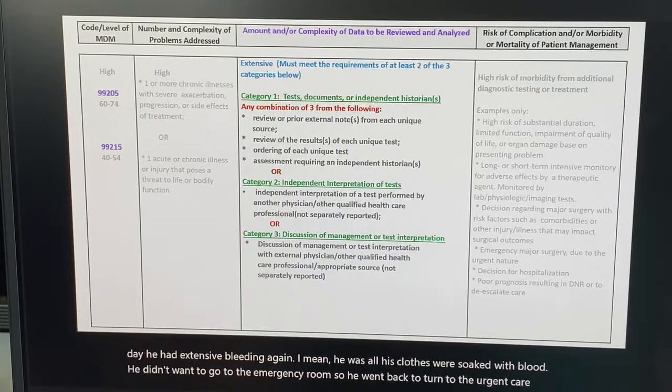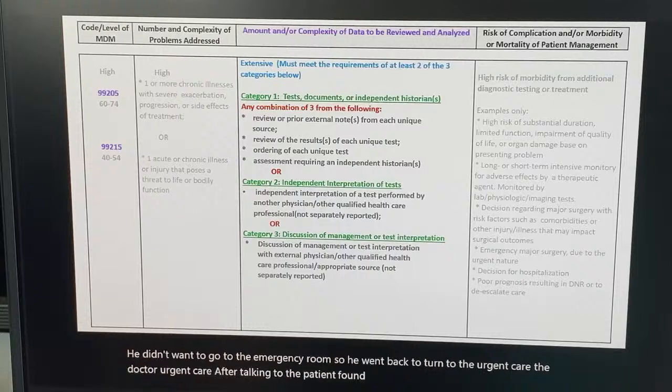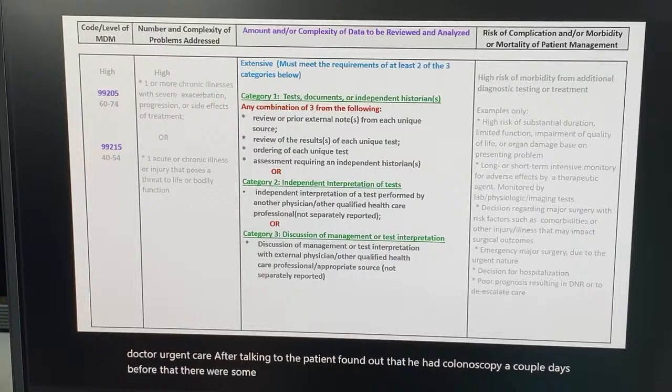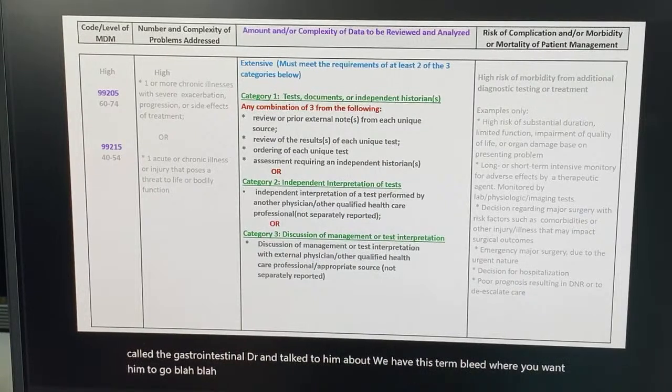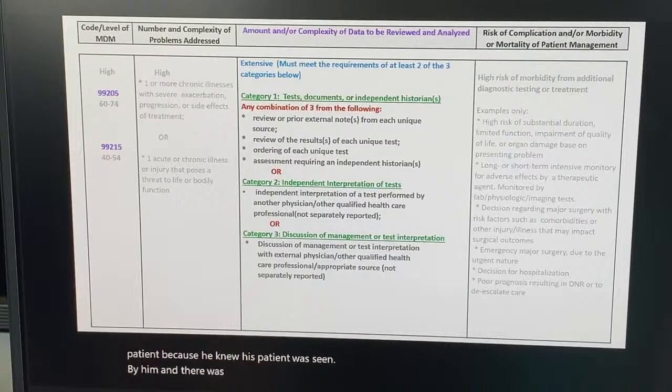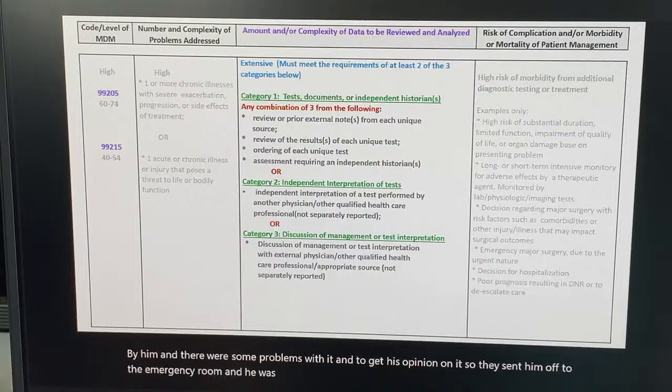The doctor in urgent care, after talking to the patient, found out that he had a colonoscopy a couple days before. There were some concerns with the colonoscopy, some polyps they found. So he called the gastrointestinal doctor and talked to him about where he wanted him to go if he had this internal bleed. He called another doctor to get his opinion about his patient, because he knew the patient was seen by him and there were some problems. So they sent him off to the emergency room and he was admitted to the hospital. So that's a discussion of the management or test interpretation with the other doctor.